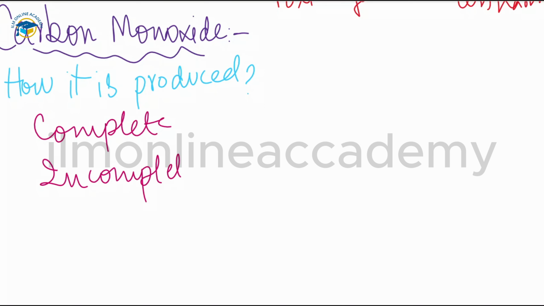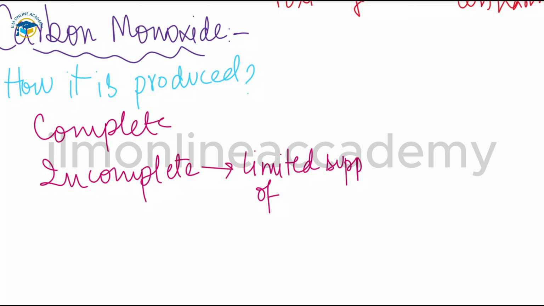Complete combustion happens in the presence of excess oxygen, while incomplete combustion happens in a limited supply of oxygen.